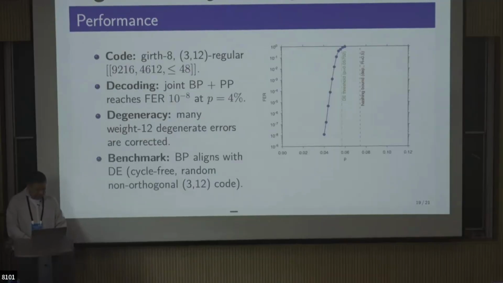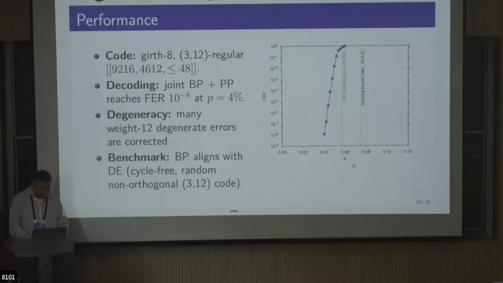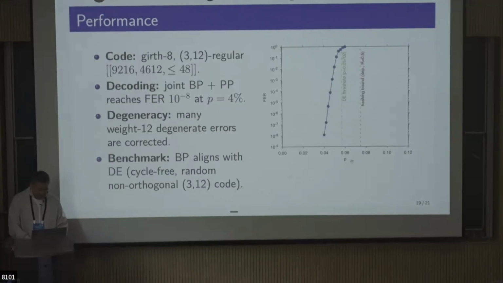So this slide shows the performance result of the girth-8 regular codes with column weight 3 and row weight 12. The decoder is joint BP plus post-processing with the ETS library. And the curve reaches frame error rate 10 to the minus 8 at physical error rate P equals 4% over the depolarizing channel, under the code capacity model.